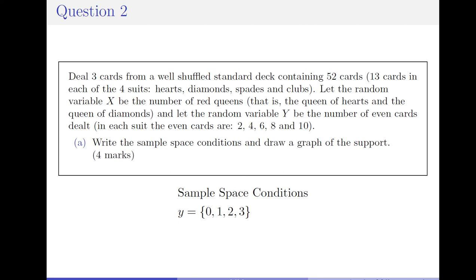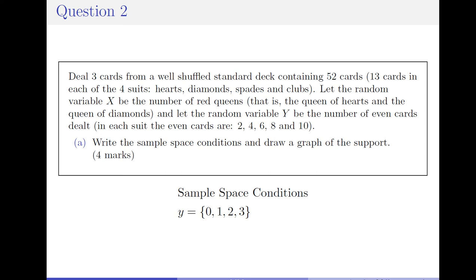So that means that the maximum number of even cards we can possibly have in our 3 card hand is 3. Equally, like the red queens, we can have 2, 1 or 0 even cards. Okay? And again, like in x, our sample space is written using curly brackets. So y is equal to 0, 1, 2, 3.